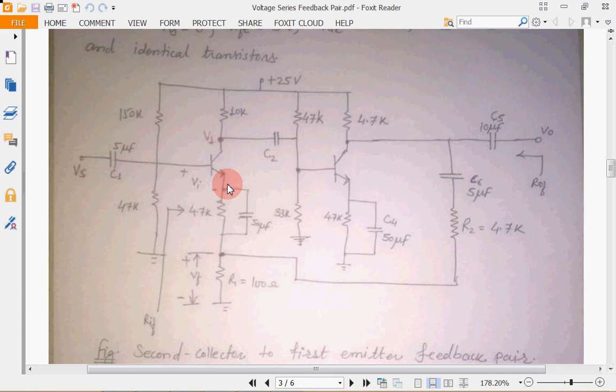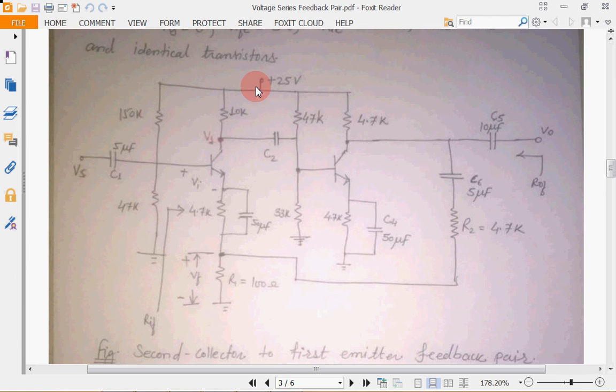If you want to understand it in a more proper way, you will have to draw the AC equivalent model. In the AC equivalent model, all the capacitors will be short circuited and the DC source will be grounded.